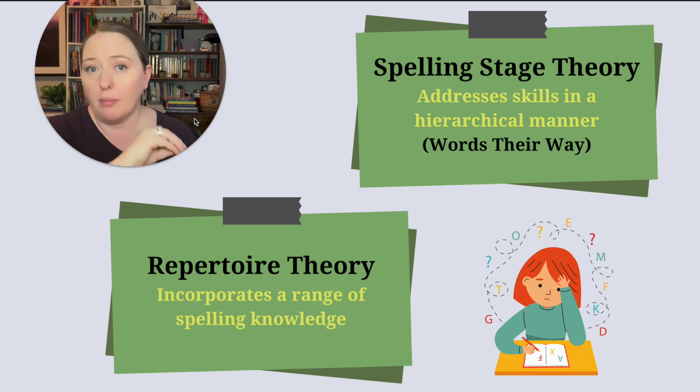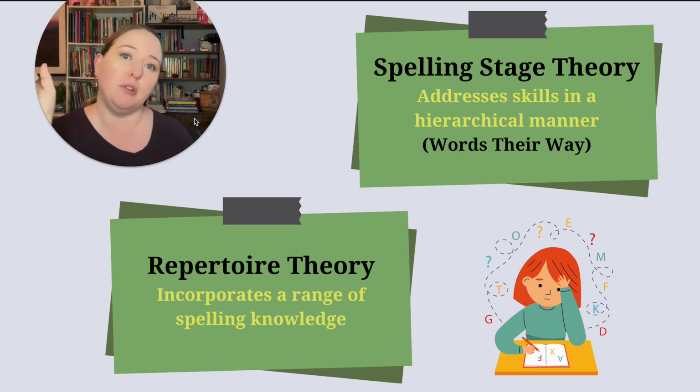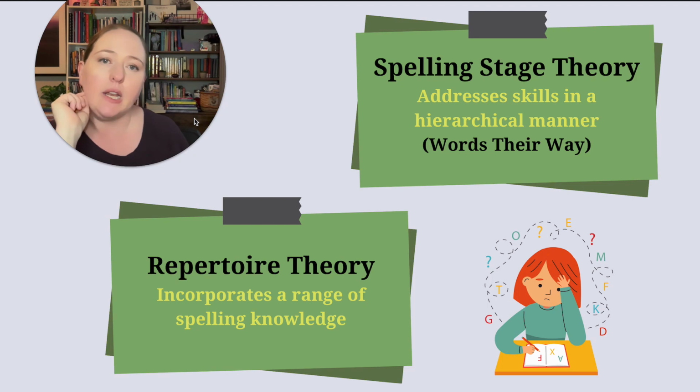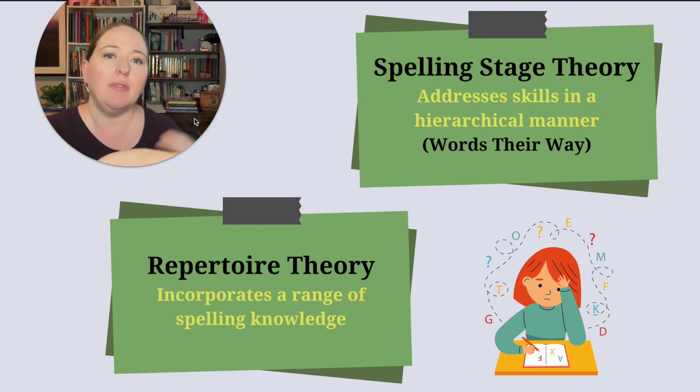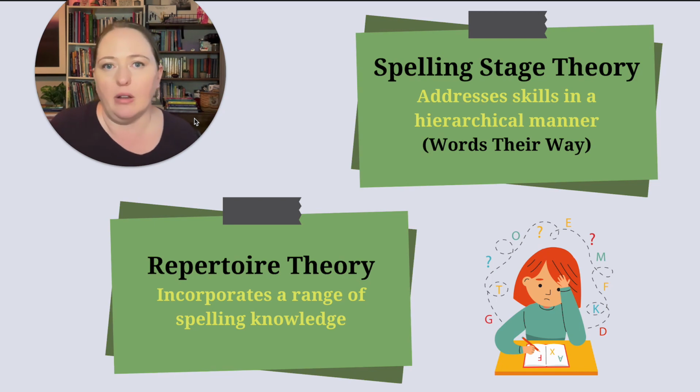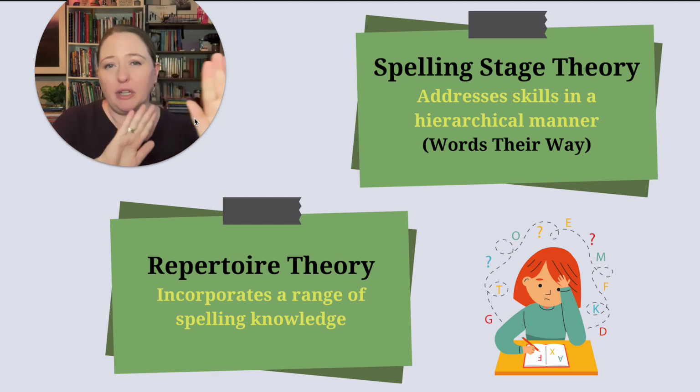That's repertoire based. So it's really talking about incorporating all of that knowledge that we talked about on that wheel, the 6 pieces that are needed, so that you are giving kids lots of different ways to pull strategies to figure out the spelling of words, without having them just go right to visual knowledge and memorization. Now, I think these two actually go together really well.